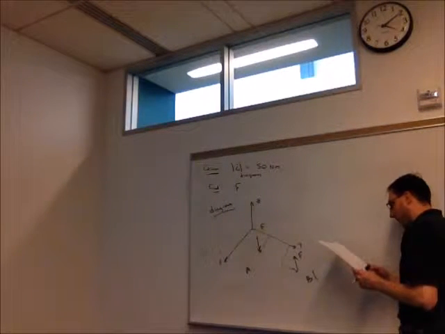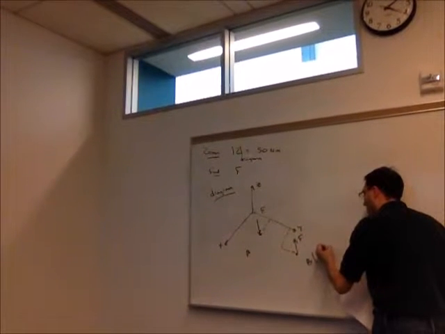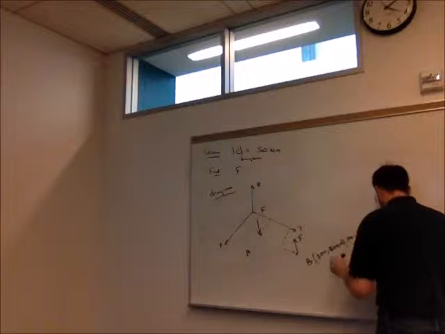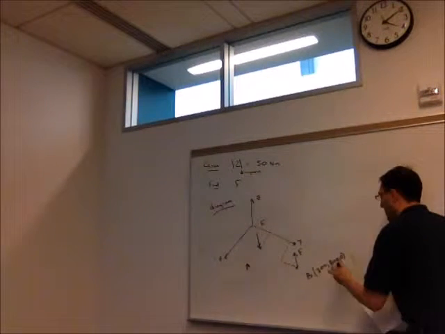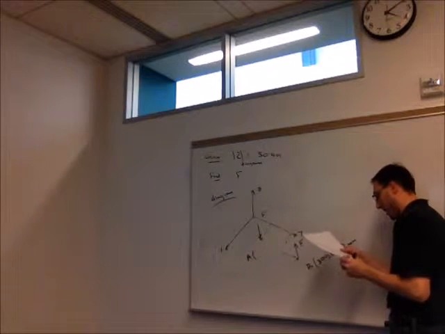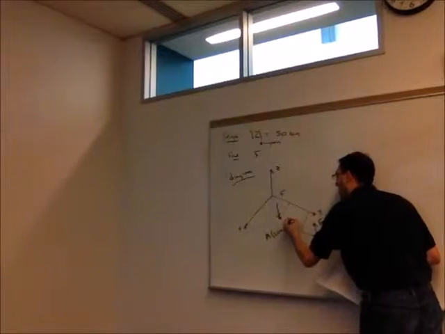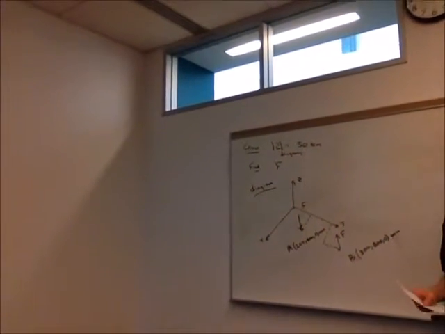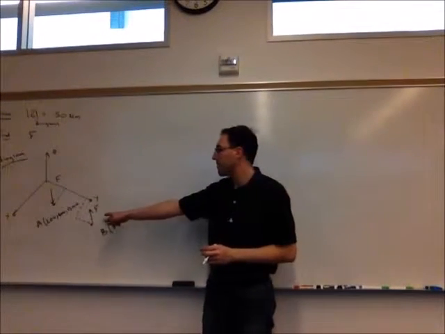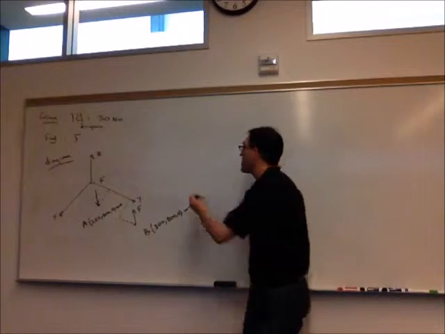So B is located at 300, 800, 0 millimeters. And A is located at 200, 300. So we have the setup here. This F is up, this F is down. We have our coordinate system and the points where we're applying this.